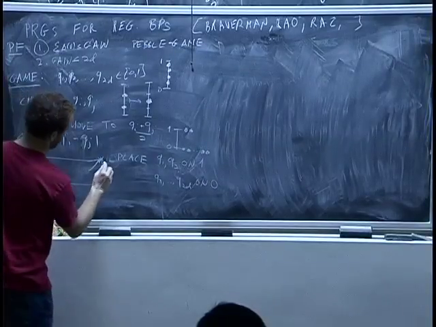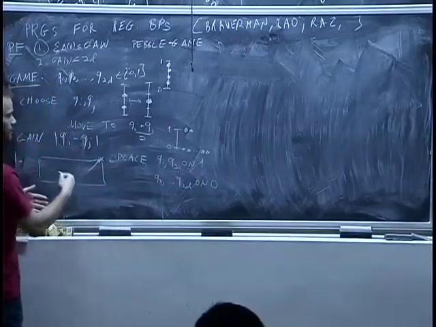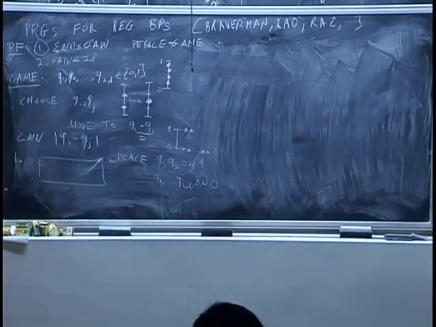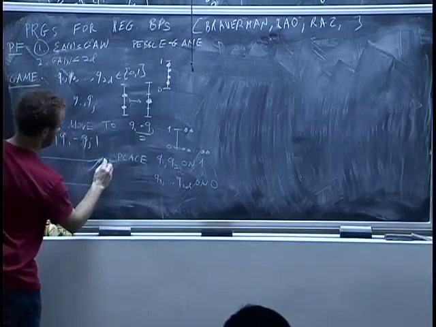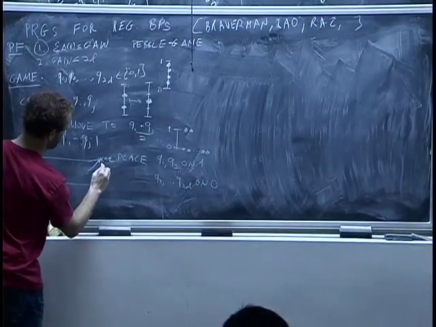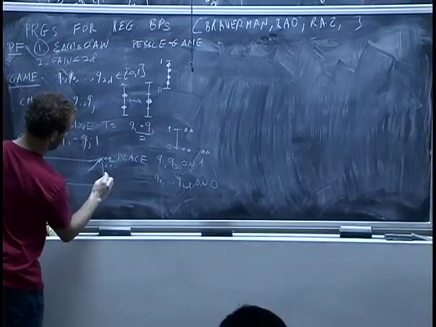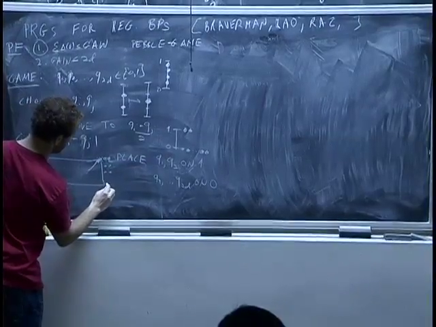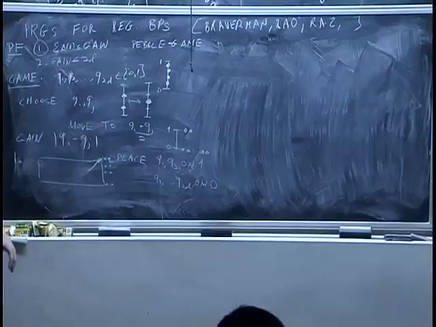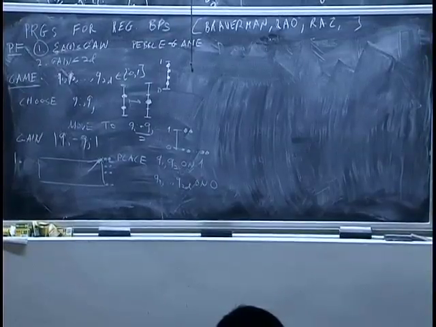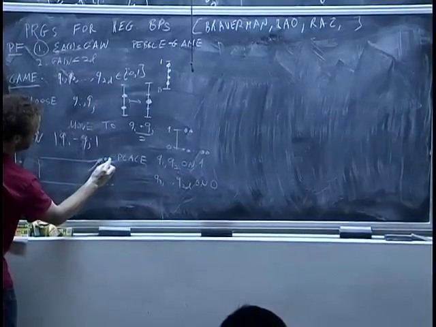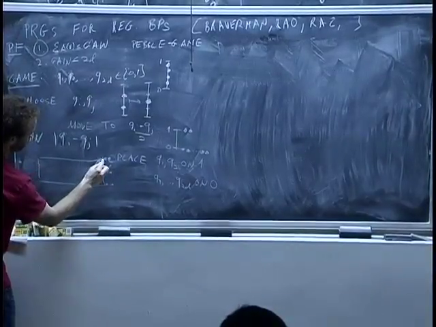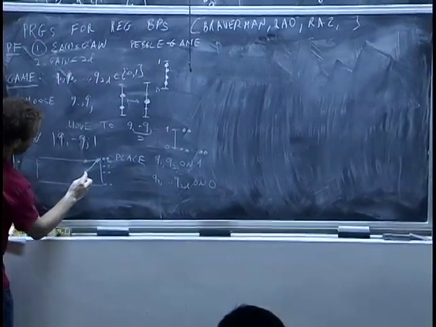At every step of the game, we'll have 2 pebbles on a vertex. In the beginning, there are 2 pebbles on this vertex, 2 on this vertex, and 2 on this vertex. Now we will move these 2 pebbles, 1 to here and 1 to here.